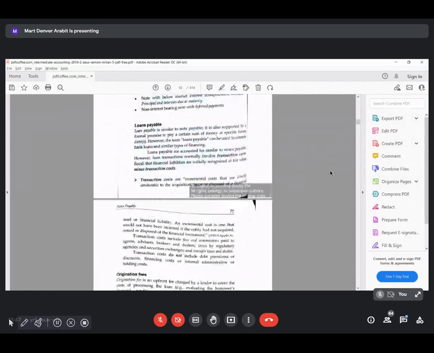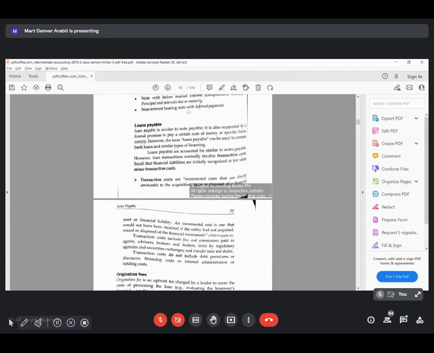So next is loan payable. So for loans, this is very similar kay note payable. But the problem is wala siyang kagaya ni notes payable na may actual promissory note. So let's check.